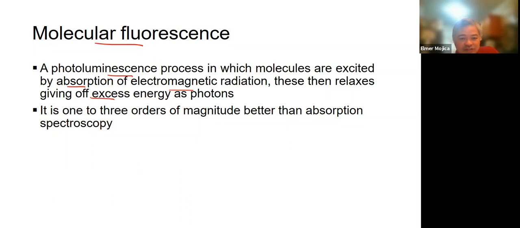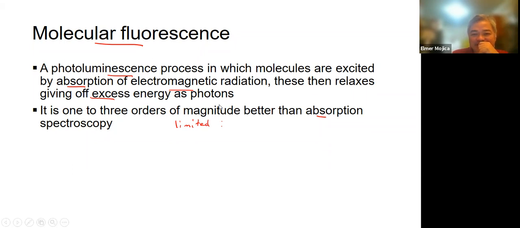And molecular fluorescence is more sensitive than absorption. Here it is 1 to 3 orders of magnitude better than absorption. But the problem is its application is limited. Why is the application of molecular fluorescence limited compared to absorption? Anyone, among the dozen students that I have right now?